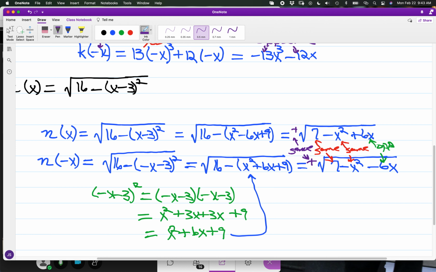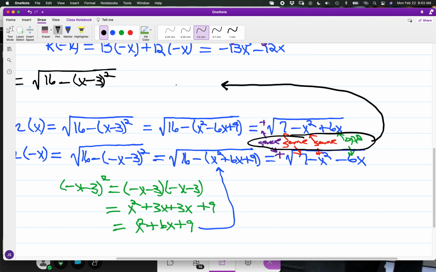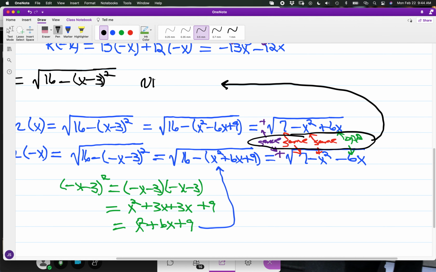But because we don't have unanimously 6x or negative 6x for both of these terms, with an opposite, there's a bit of a scramble that is created. Since you don't have unanimously the same or unanimously the opposite, this turns out to be neither even nor odd.